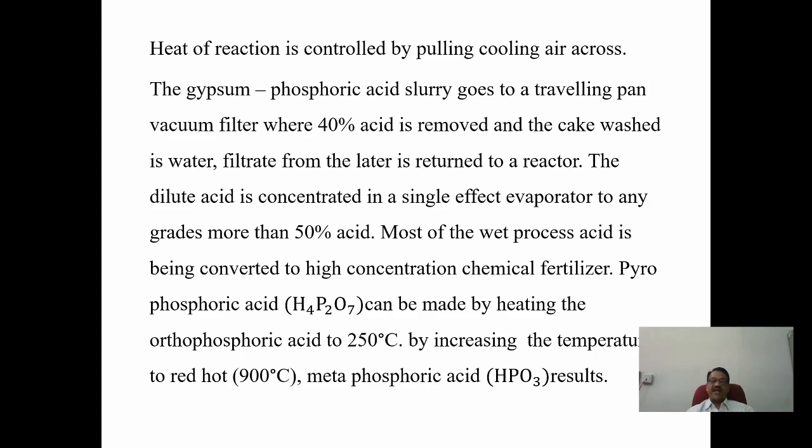The heat of reaction is controlled by pulling or blowing cooling air across the reactor.